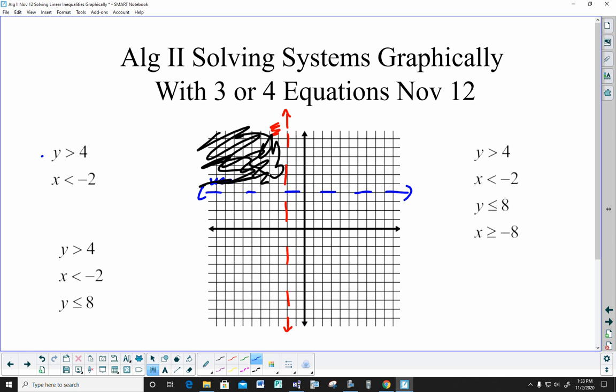What if you were given 3 of them? Well, it's these previous 2 with now the addition of this one. Y is less than or equal to 8. So there was 4, 5, 6, 7, 8. It's another horizontal line. This one is solid. And y is less than, you're shading under it. So you would shade everything underneath here green, all the way across.